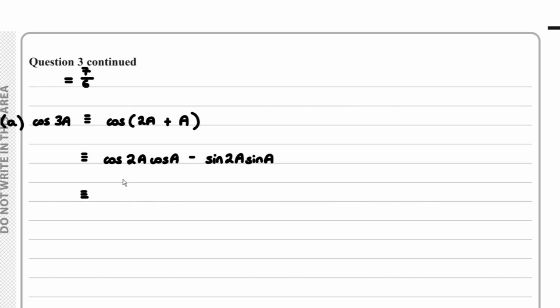Now the cos of 2a, we can replace that with 2 cos squared a subtract 1, we still multiplied by the cos a, and the sine 2a, we can write that as 2 sine a cos a, and then we still multiply by the sine a.